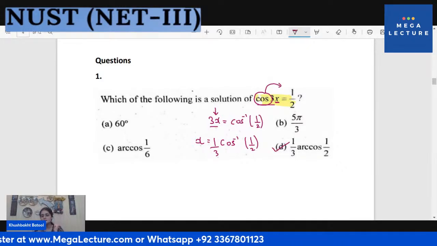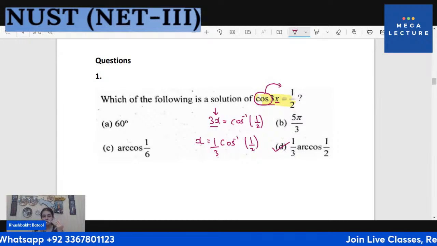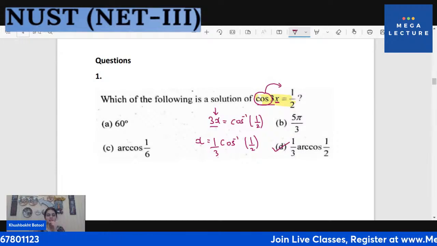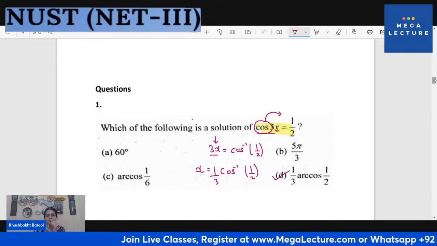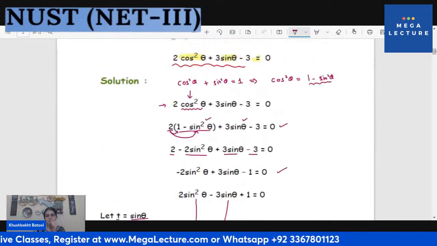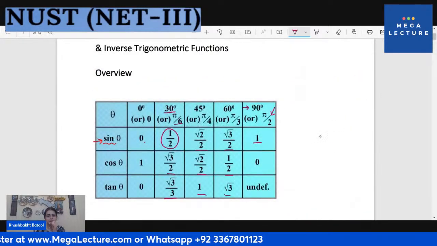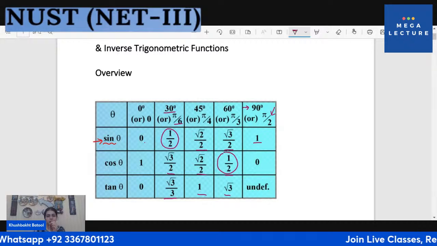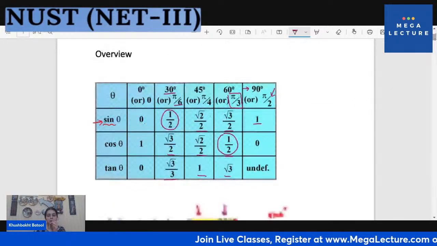Now for this question, you are not supposed to find the value. Yes, obviously, first of all, you'll just try finding out the value. For example, we'll scroll up and see for what value of theta cos is 1 by 2. Cos is 1 by 2 for pi by 3.